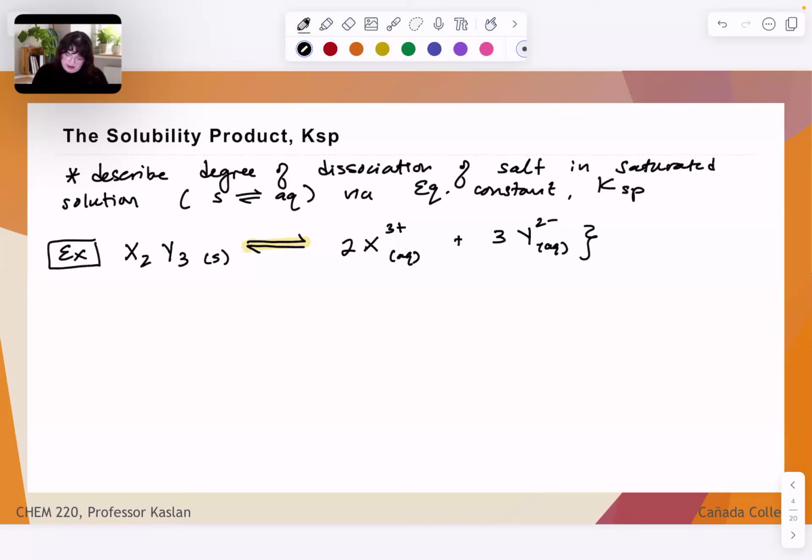So remember, at saturation, we have an equilibrium that is established between the solid and the aqueous.